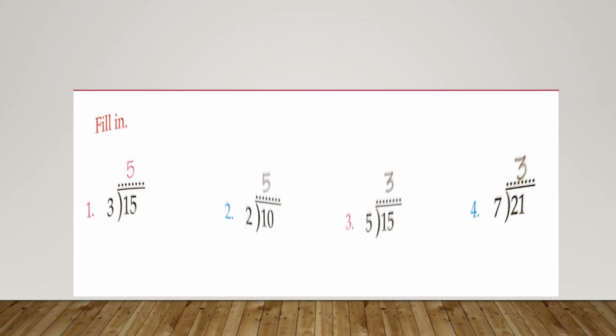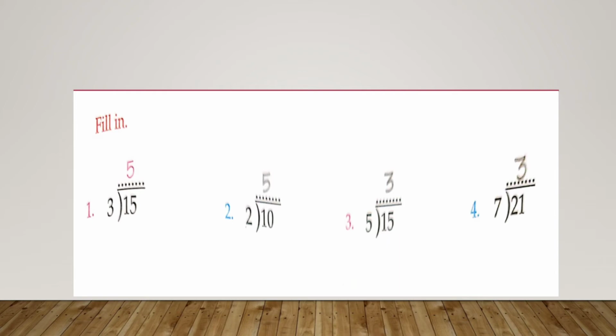Now let's do the next part. Third, here you have to divide 15 by 5. So children, read the table of 5. 5 1s are 5, 5 2s are 10, 5 3s are 15. So children, here you will write 3 as quotient. So your answer will be 3.